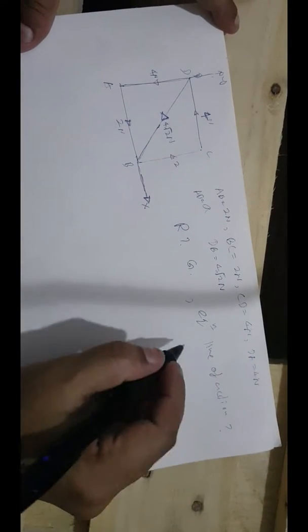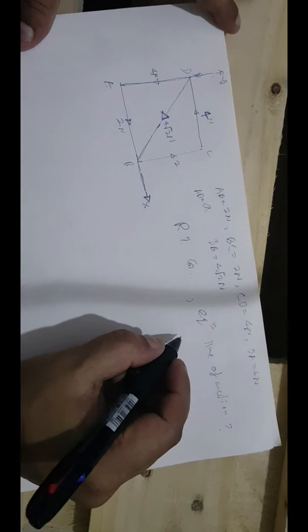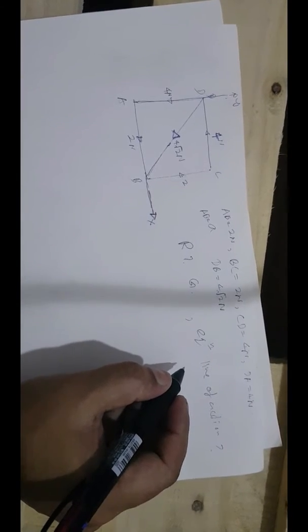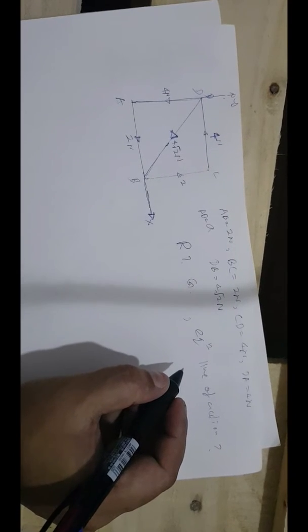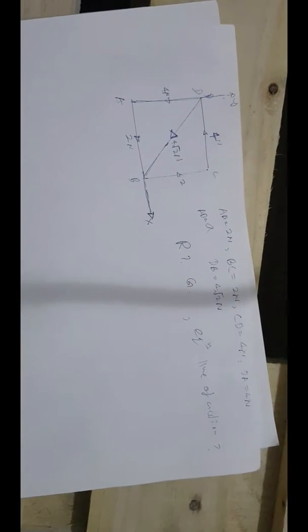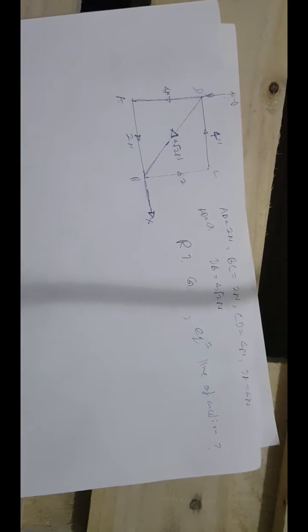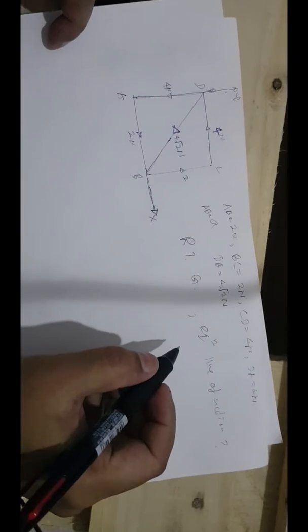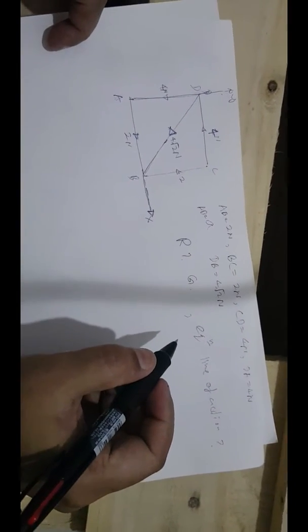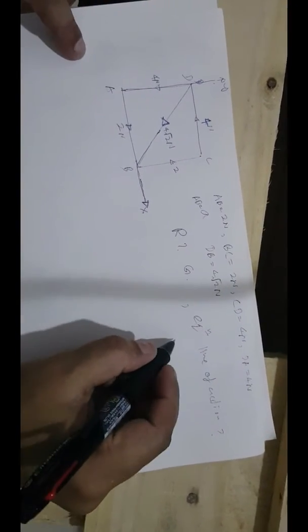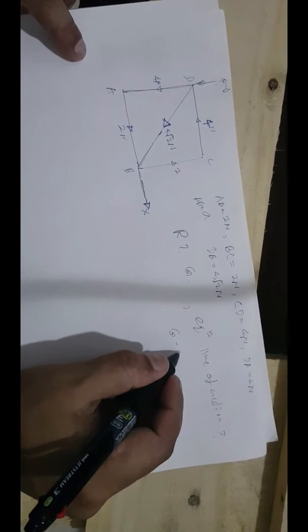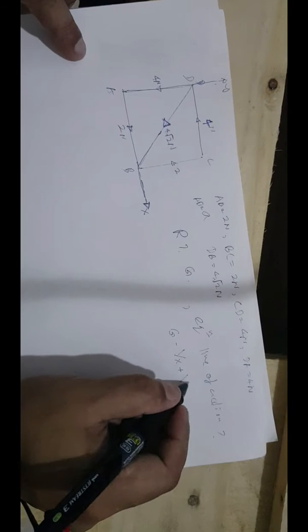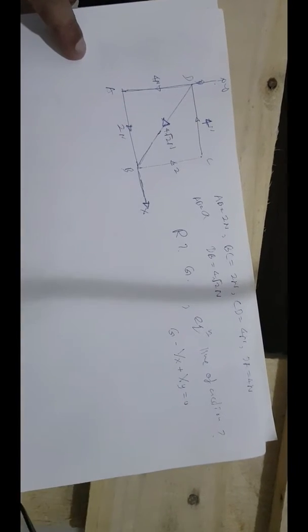So you know that the equation of the line of action is G minus capital Y small x plus capital X small y is equal to 0.